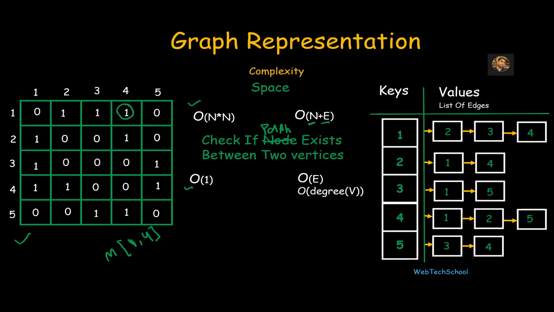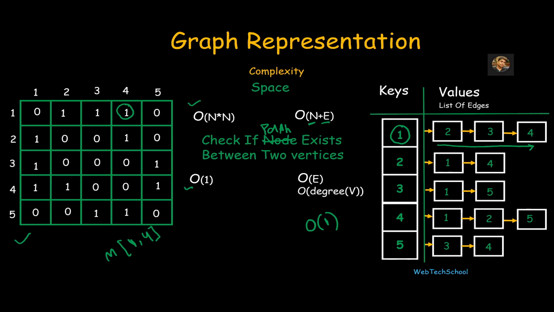But in case of an adjacency list, we need to first find the vertex. As it's a hash table, that operation would take big O of 1. Then once we get vertex 1, against that vertex we need to find out if vertex 4 is present inside the linked list or not.